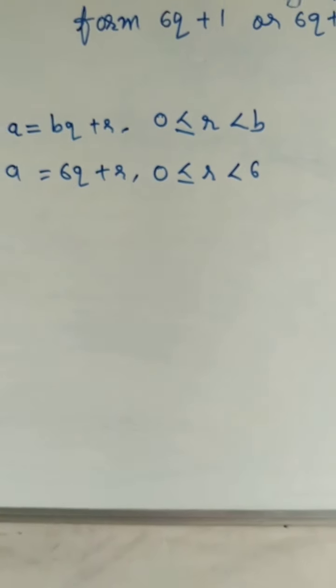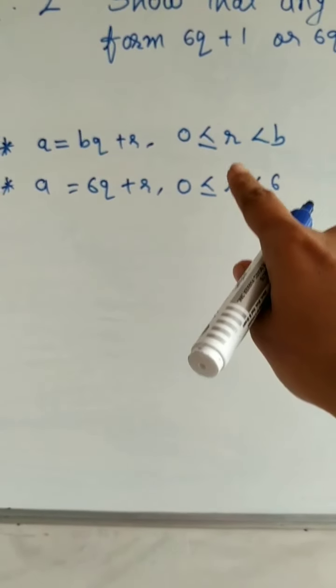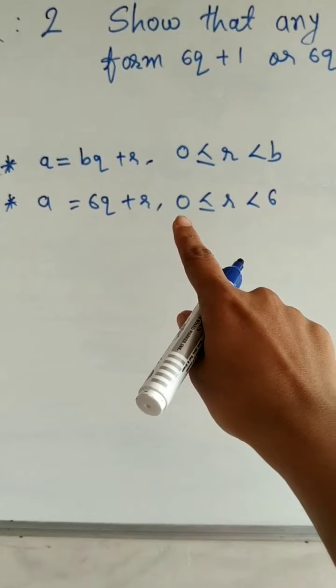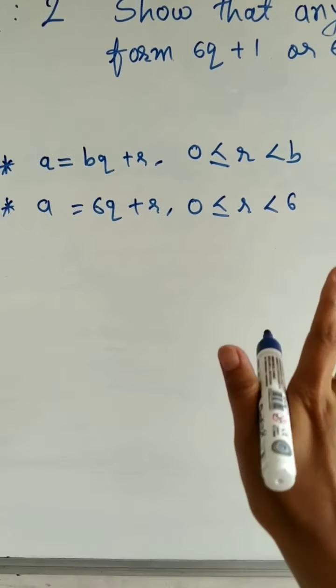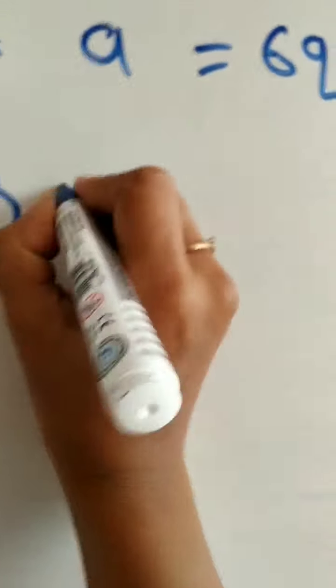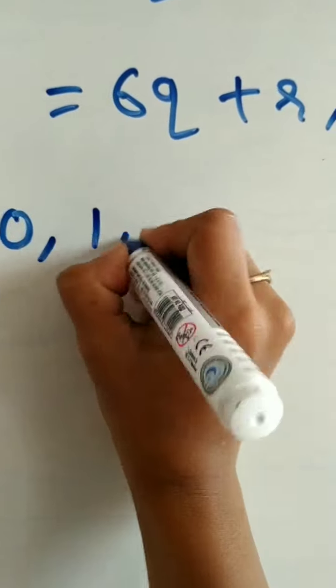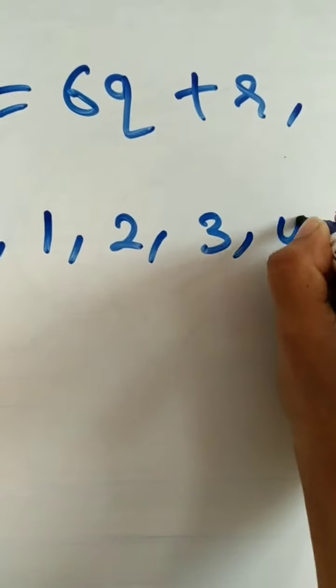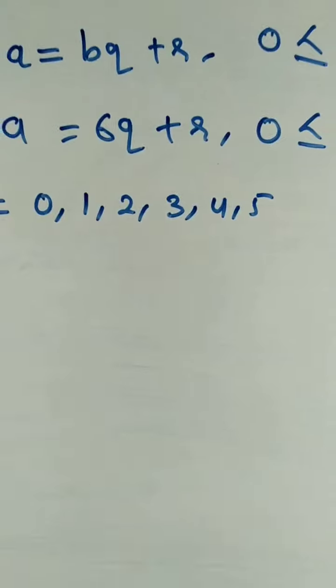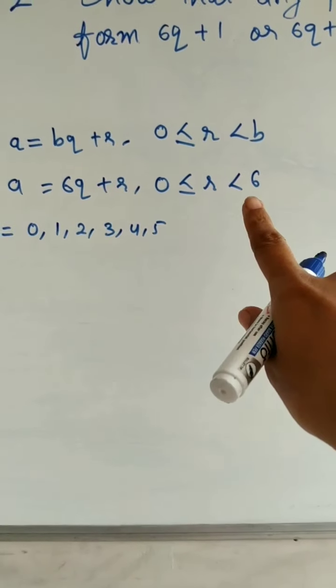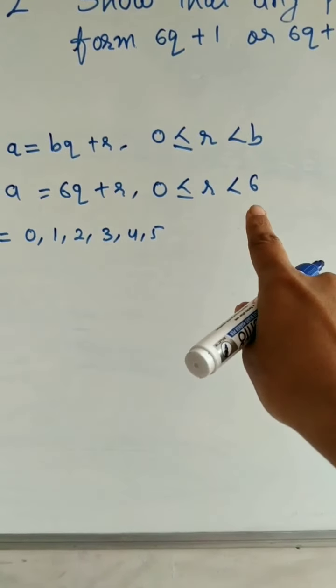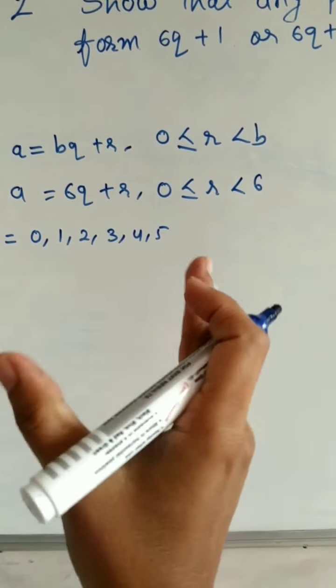So we substituted. Here we got the values of r, which start from 0 but are less than 6. So the values of r we got are 0, 1, 2, 3, 4 and 5. We cannot take 6 because our limit is 6; we have to take values smaller than 6.